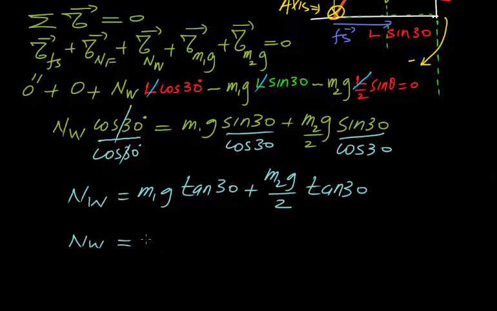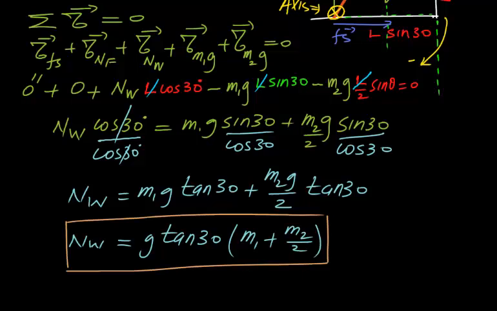You're going to have G tangent of 30. What's left inside? It's just M1 from the first term and M2 over 2 from the other side. Solving for NW, which is the same as the friction force, Fs, we find 452.6 newtons.